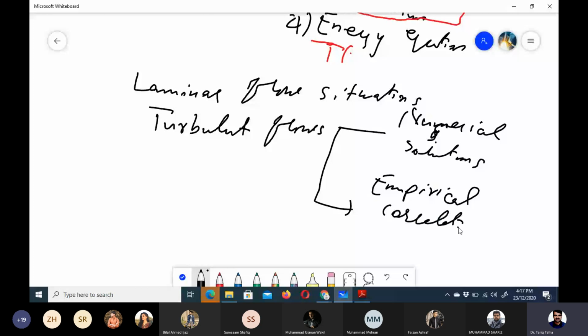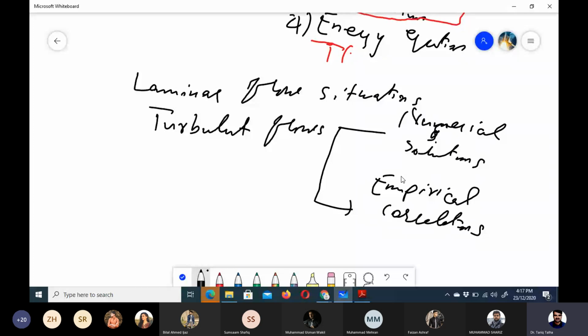So what does it mean? Numerical solution is very obvious, that is by using ANSYS. For the empirical correlation, we do experiments, as you are going to do when you start chapter number 7 of your fluid mechanics course. In that you would study the Buckingham pi theorem, dimensional analysis, and similitude.